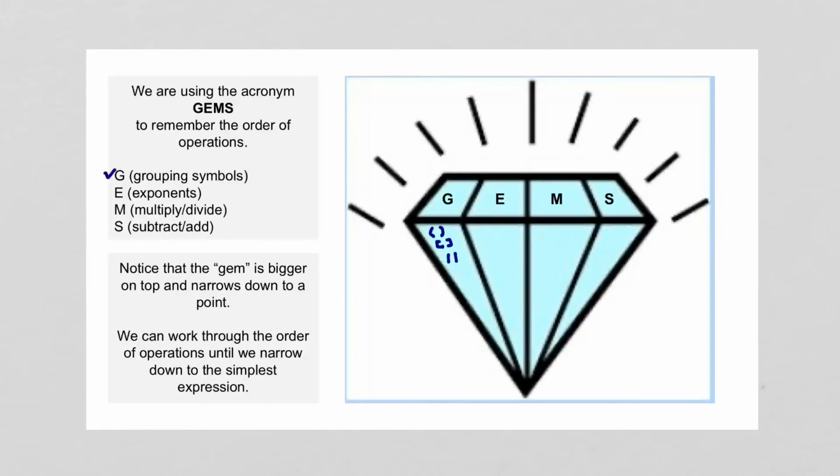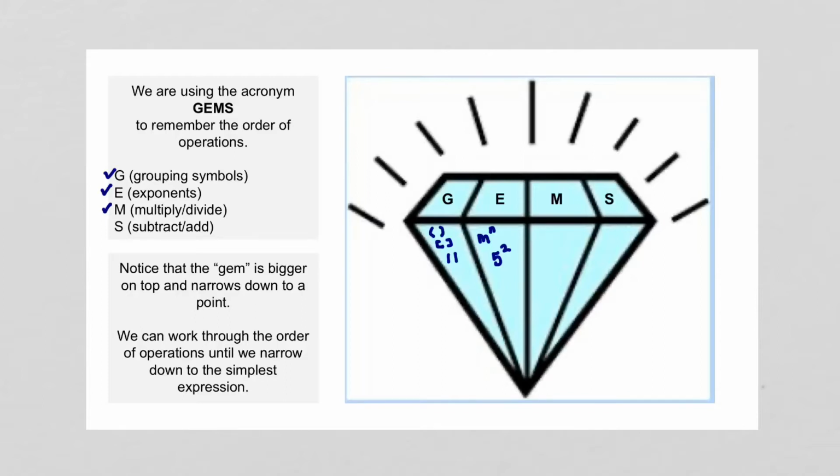Okay, so that's first. Next, we will look for exponents. So an exponent is a base to a power. So you might see like 5 squared or another number raised to a power. That's an exponent.